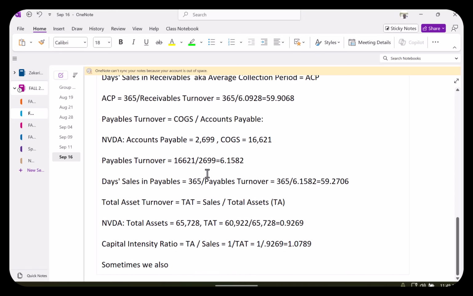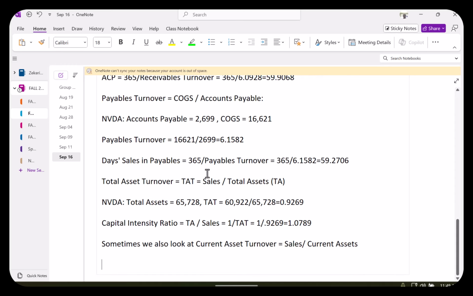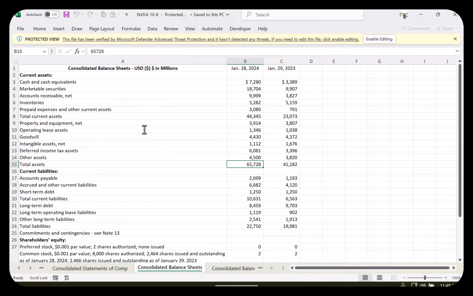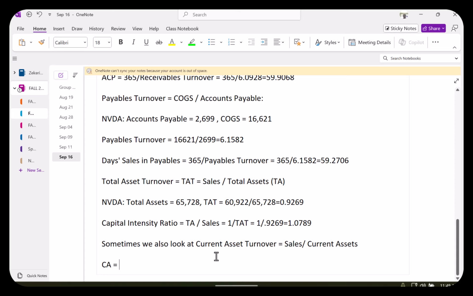Sometimes we also look at current asset turnover. This is kind of similar, in spirit, to inventory turnover. Obviously, that's sales over current assets. For NVIDIA, current assets are 44,345. So I'm going to call this CAT.